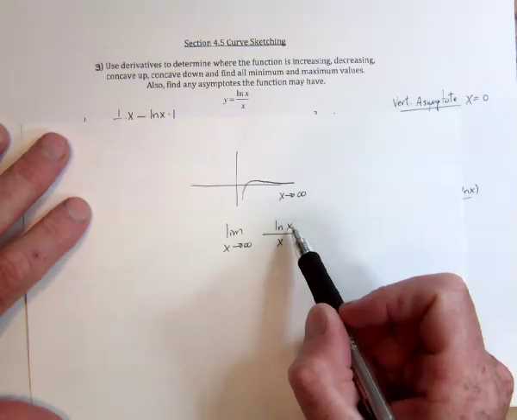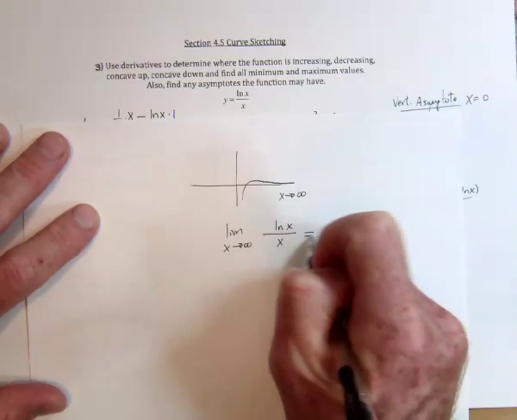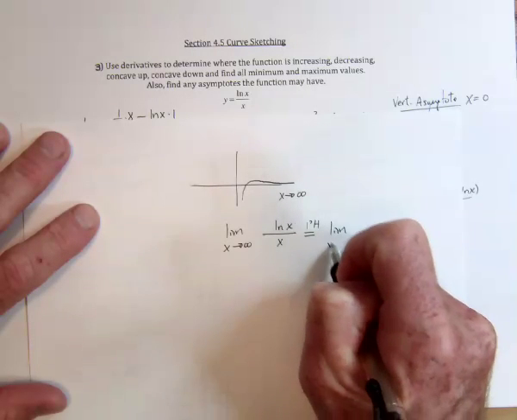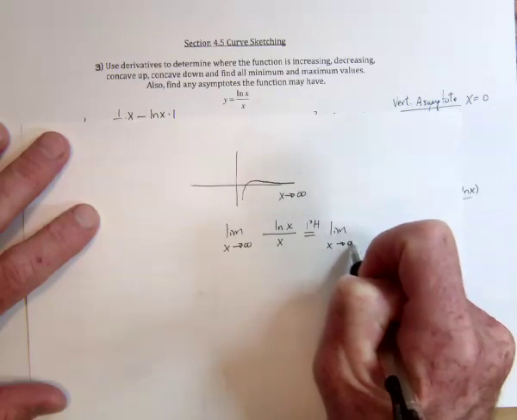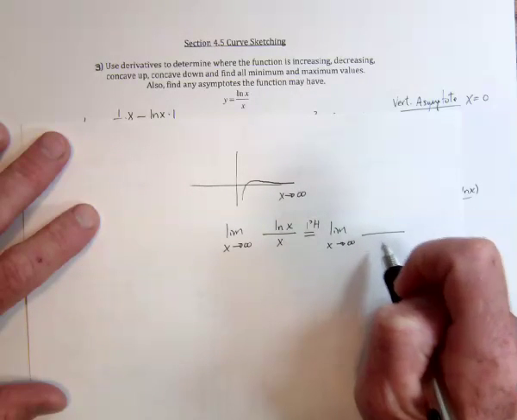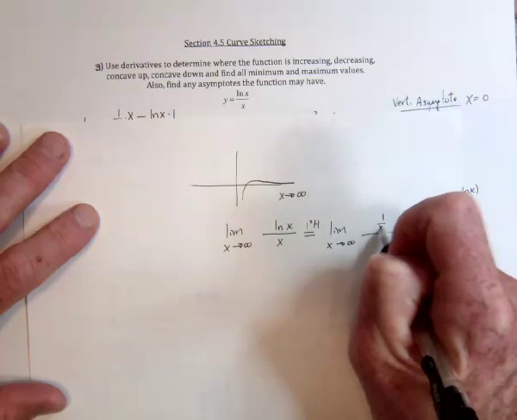Natural log of infinity is infinity. This would be infinity over infinity, so it's time for L'Hopital's rule. Basically, it's a race. Which one gets to infinity faster, natural log or just the x function? Well, the derivative of the x function is 1. The derivative of natural log of x is 1 over x.